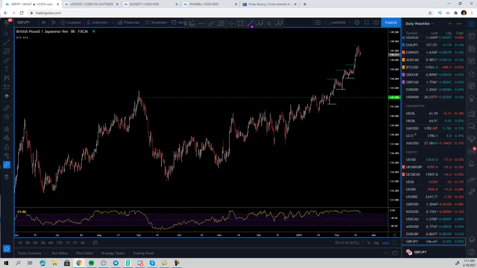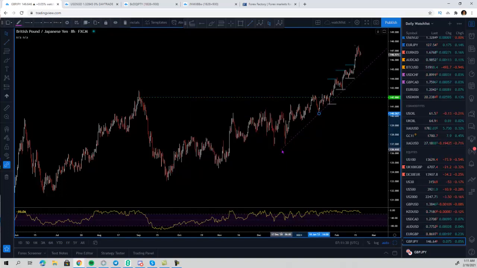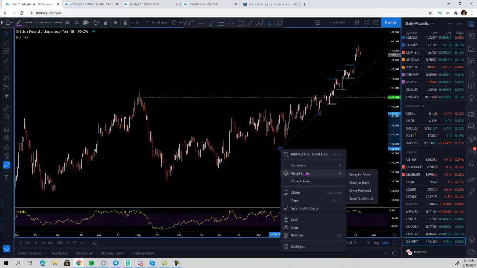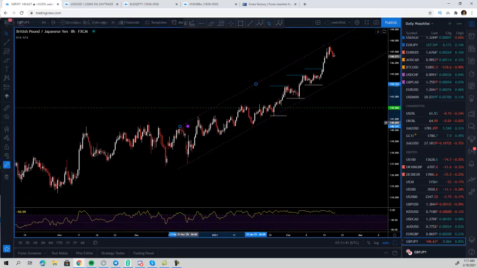Now let's see if we can find some structure in this move, because if we can, then we are most definitely going to look for a possible trade on it.